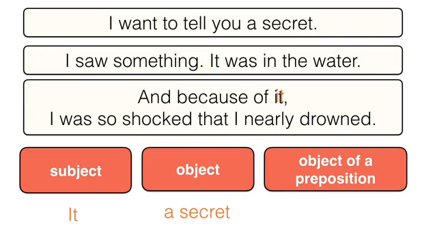In this case, it's the subject. Finally, it in the last sentence comes after of, which means it's the object of a preposition. Okay, now I'm going to show you how we can replace nouns and pronouns with noun clauses that perform the same functions.